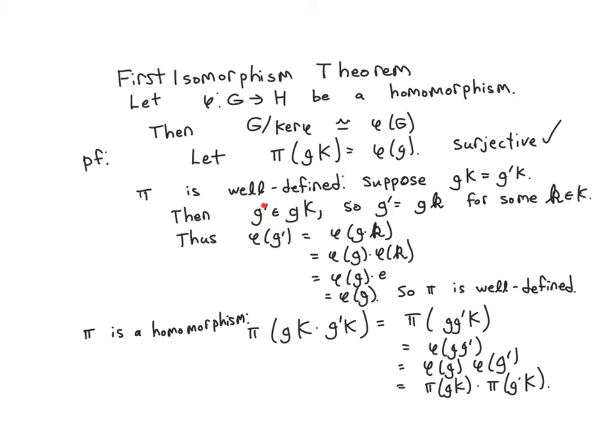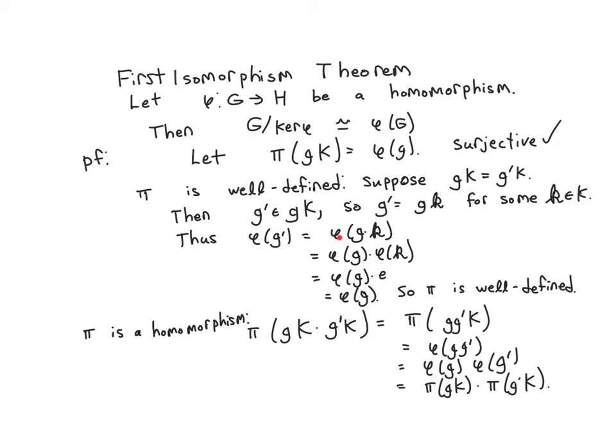So suppose these two cosets are equal, then g prime is an element in this coset. That's one of the equivalent definitions of being equal cosets. Well, that means that g prime can factor as little g times an element k in K. So then phi of g prime is phi of g times k.